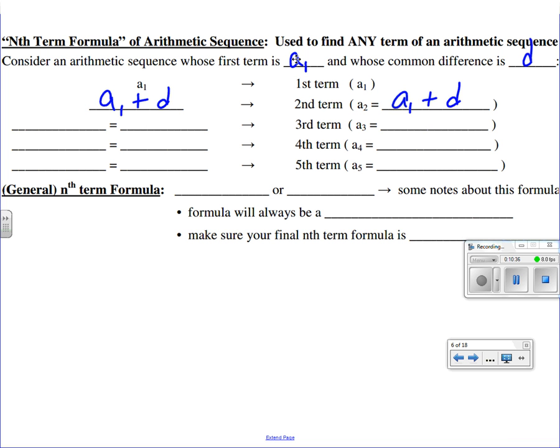Okay? All right, so here's my question to the people who really like math. How could I get the third term? What would I write? Very good. A2 plus D. What's another way I could have gotten the third term?